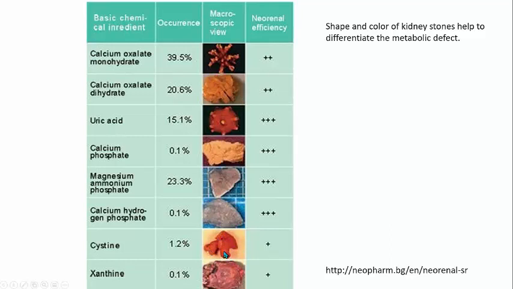They're extremely large, and they are extremely painful to go through the ureters and then go through the urethra out of the bladder. Some of the other types of kidney stones, although they are extremely painful, they may not be quite as painful in a smaller size as is cystinuria.